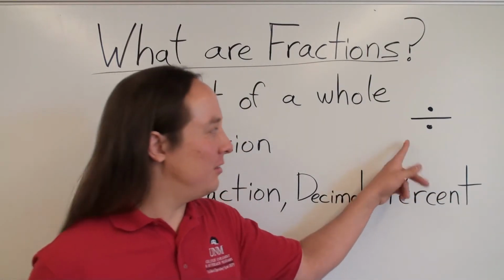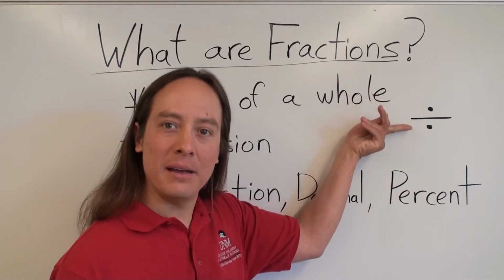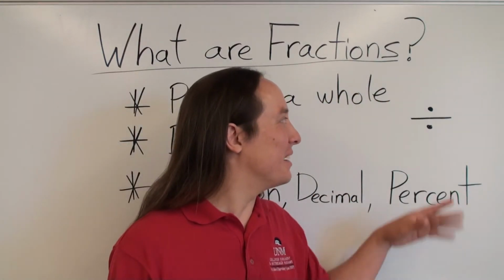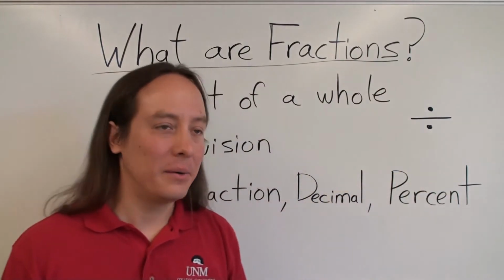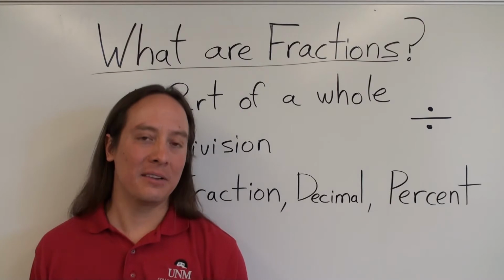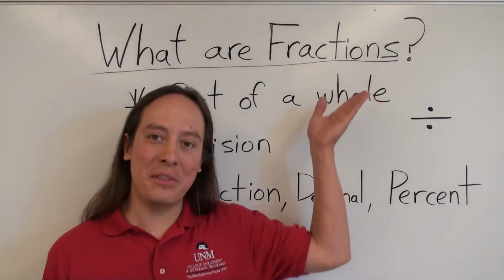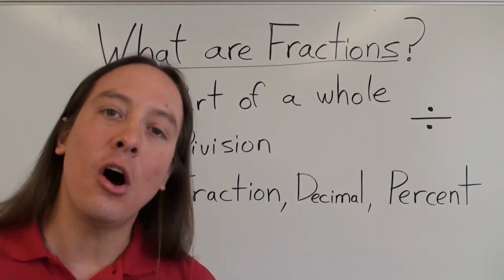But really, this division sign is actually a fraction. It's something divided by something. The dots are just something, like numbers. So you can put 1 over 2, or 1 over 4, or 2 over 5, whatever, right? But it's funny that that's actually a fraction, and we don't really look at it like a fraction. We just say, oh, that's division, right? But it's actually a fraction. It's something over something.